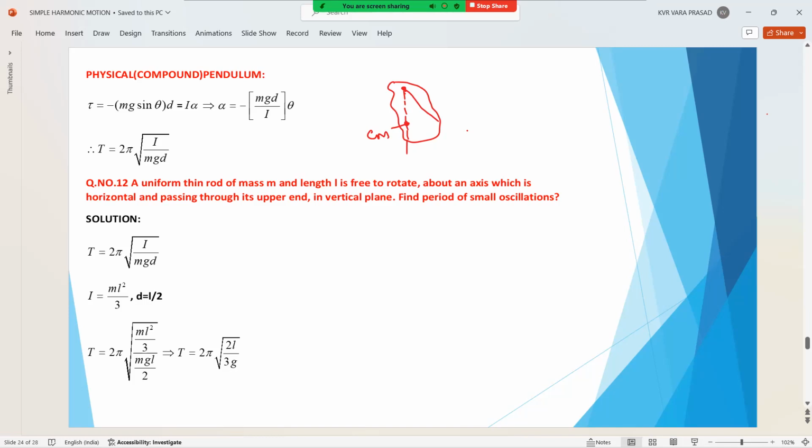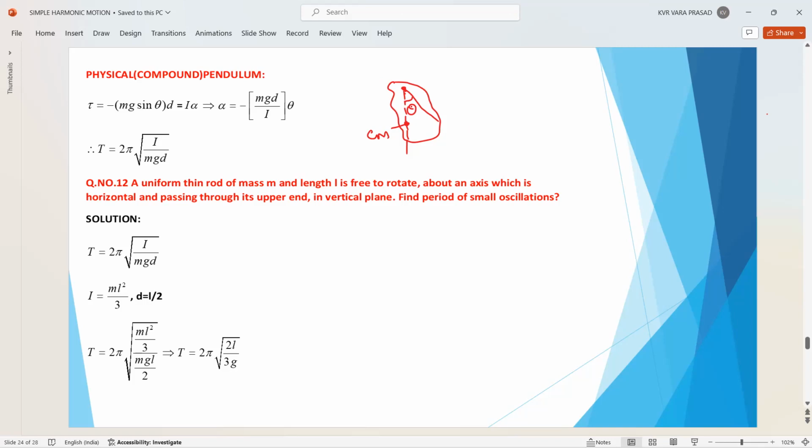Let us take the line joining the point of suspension and center of mass rotates by angle theta. So here we are rotating the rigid body anti-clockwise by some angle theta. Then the line joining the point of suspension and center of mass rotates by the same angle.